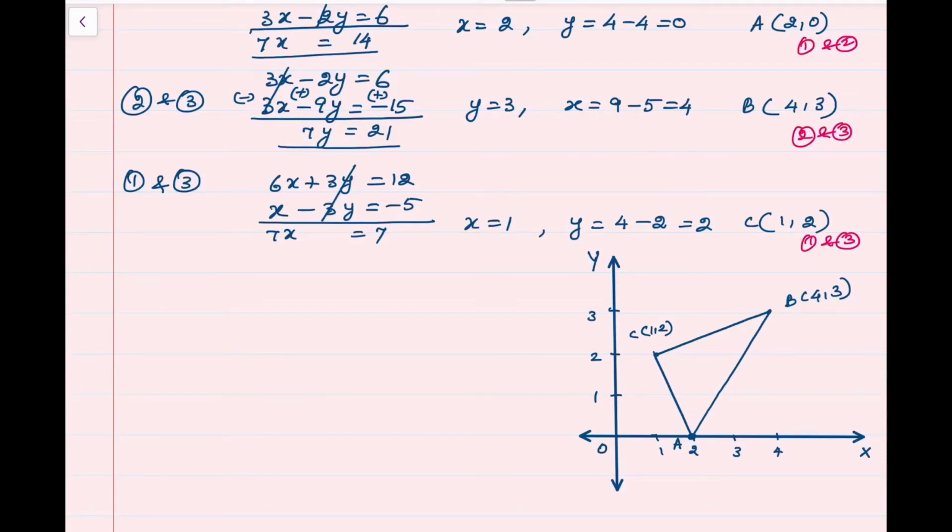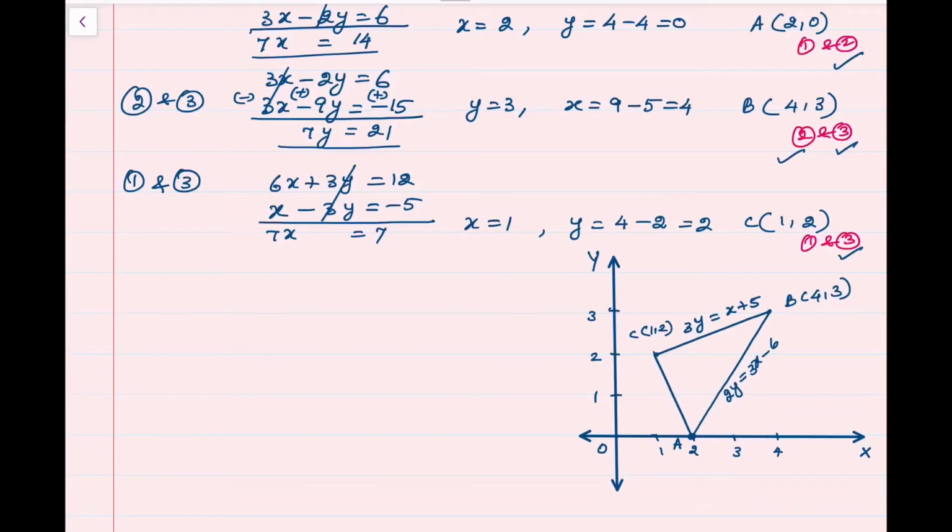So joining A and B is the second equation. From these numbers you can make out. The second equation is 2y = 3x - 6. And joining the points B and C, 3 is the common equation here, so it represents the third equation, 3y = x + 5.